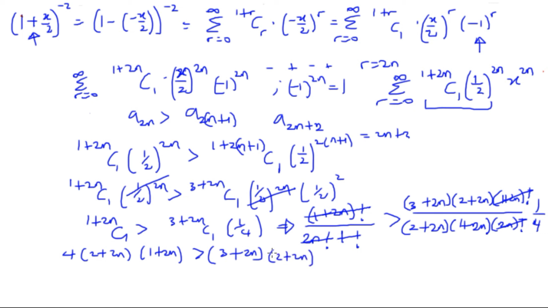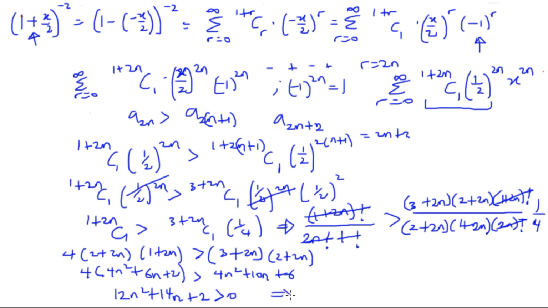So if you open that bracket, you should have something of this nature: 4 into 4n squared plus 6n plus 2 greater than 4n squared plus 10n plus 6. So if you expand this and then you collect like terms, you should have this quadratic: 12n squared plus 14n plus 2 greater than 0.